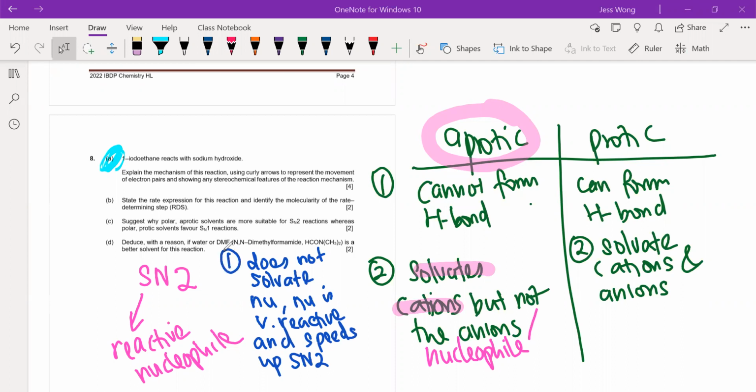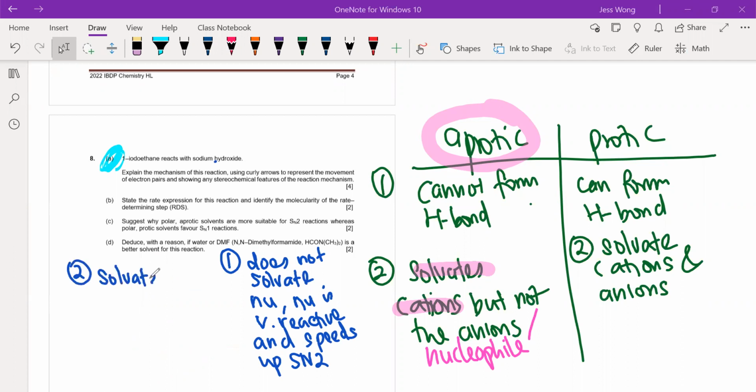Now, the second point is that the aprotic solvent solvates ions, like the sodium cation over here.